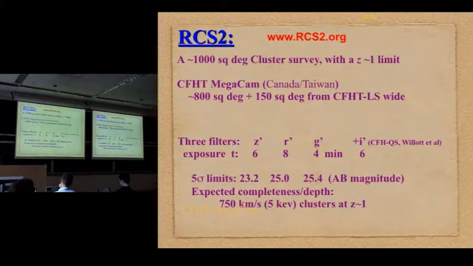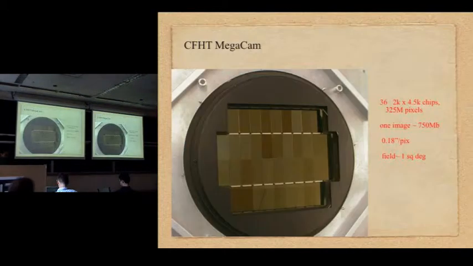You can see that it's very shallow for a 4-meter telescope, although this is still about 2 magnitudes deeper than Sloan, and it takes a total of 45 nights to get about 800 square degrees. We should be able to detect, as I said, clusters of about 5 keV up to redshift 1.